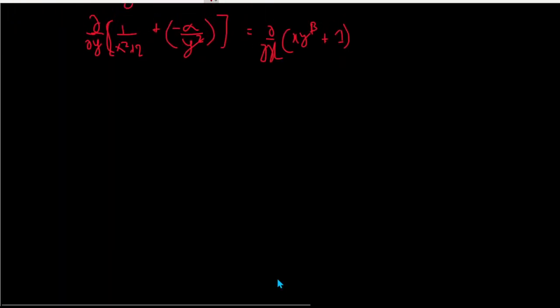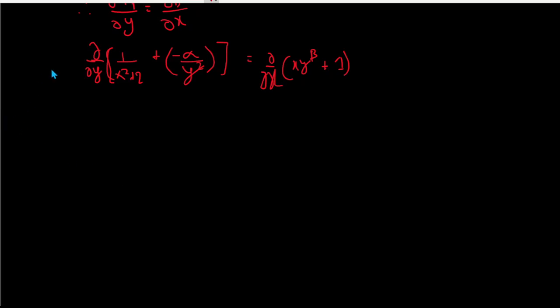Doing the partial differentiation with respect to y, x is treated like a constant, so this term becomes 0.